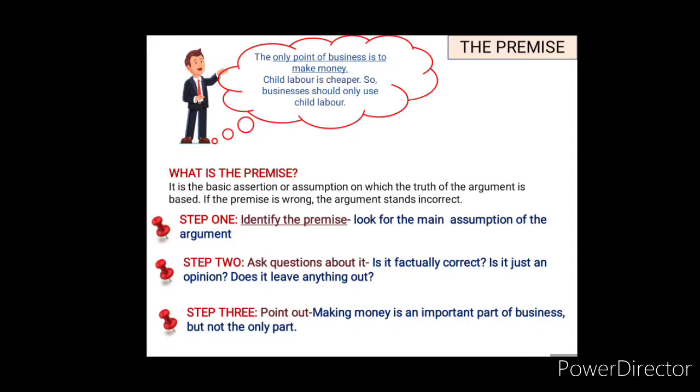If the premise is wrong, the argument stands incorrect. So first of all, you need to look for the main assumption of the argument. You need to ask questions about it. Is it factually correct? Is it just an opinion? Does it leave anything out? So this is how you analyze. And then point out: making money is an important part of business, but not the only part.